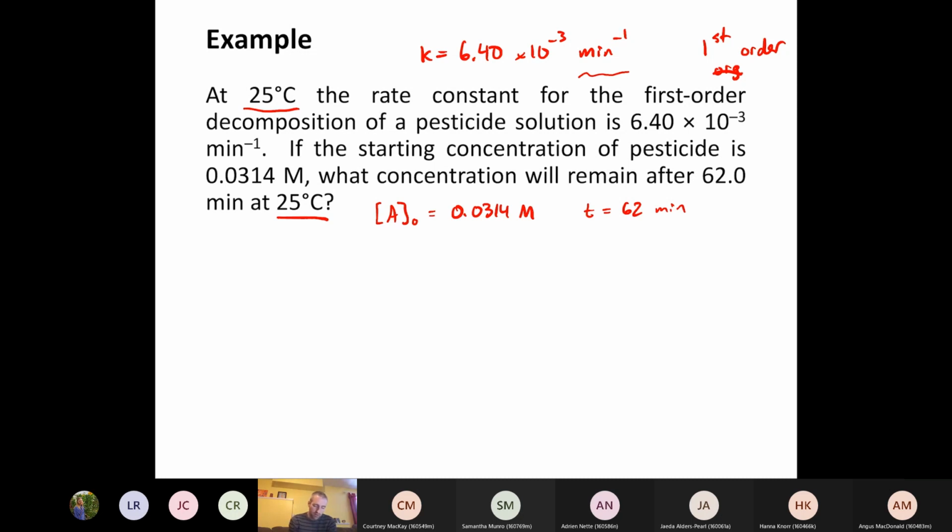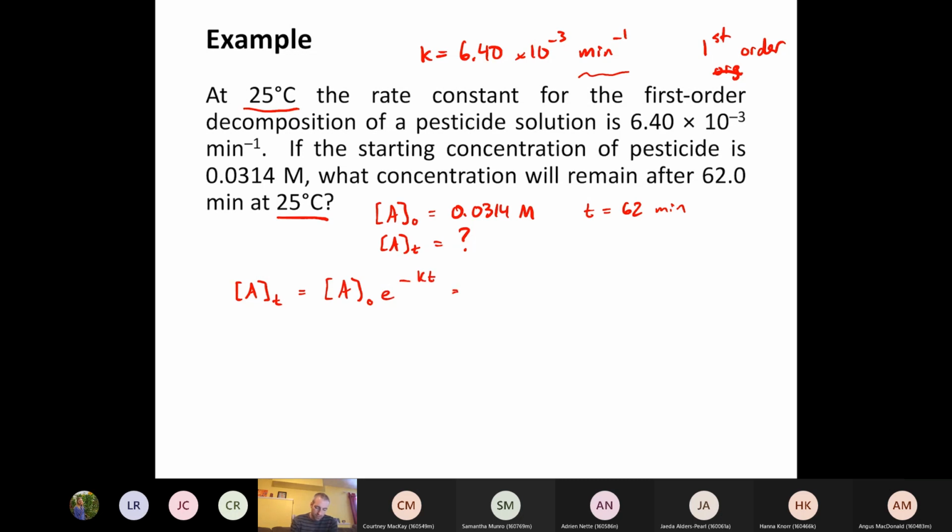Okay, so we want to know what the remaining amount is after 62 minutes. So the remaining amount is A at time t, which we don't know. So we can use the form of the equation where we have A at time t equals our initial concentration times e to the minus kt.